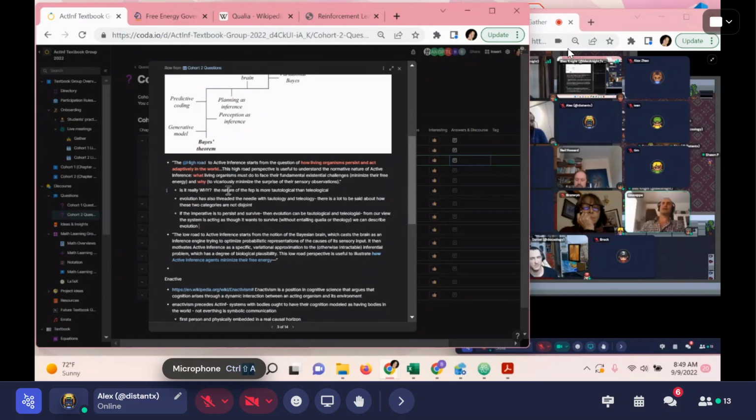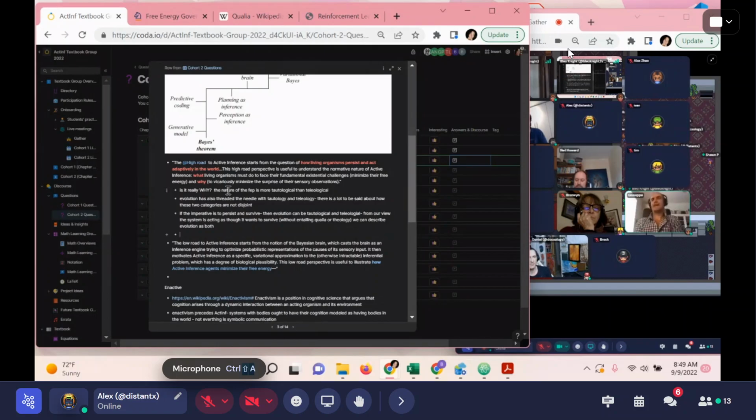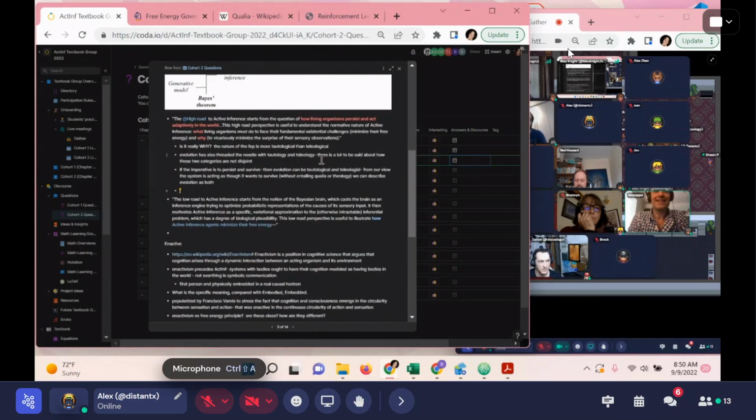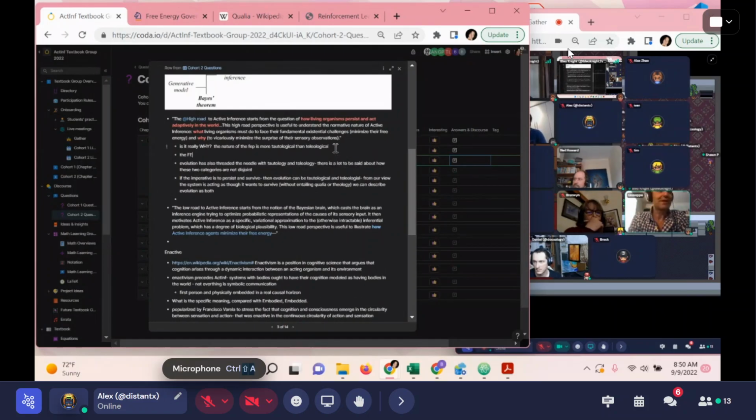Yes, I think I agree. From what Karl often says, in his deflationary accounts, the free energy principle basically describes a self-organizing system just because it persists. And so what characteristics does it need in order to persist?